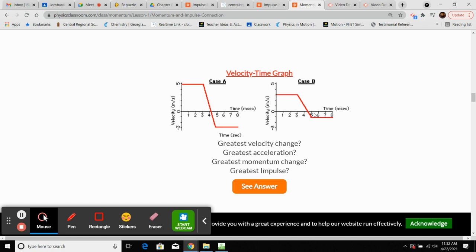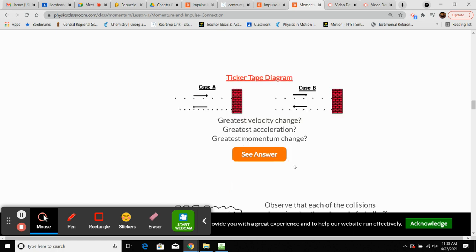Over here, we're at a positive 3. We go down to a negative 1. So we change it by 4. So who has the greater velocity change? A, which means greater acceleration, right? Because they both do it from 3 to 5 seconds, so over the same amount of time. So A would have the greater acceleration, momentum change, and impulse.